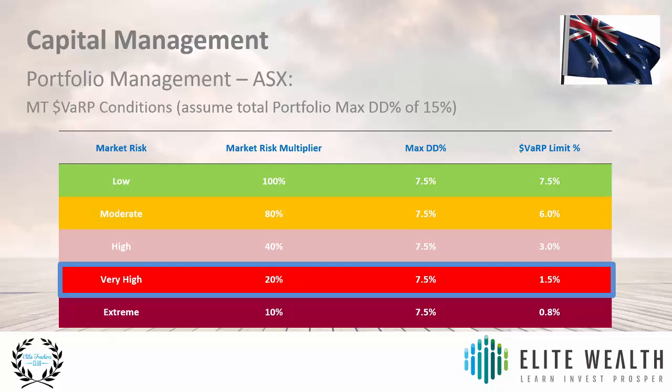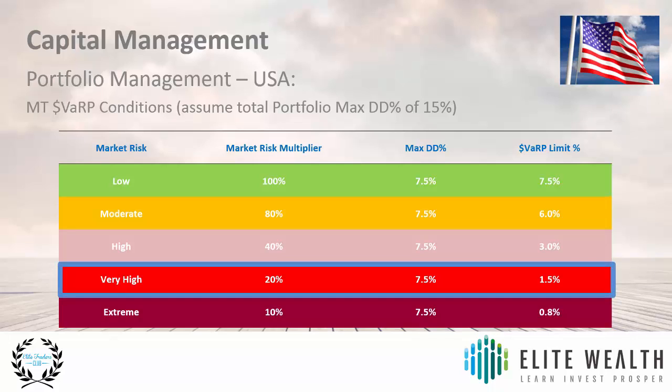In the case of Australia, we need to now apply a 20% market risk multiplier to that amount. Applying that to 7.5% means that you would be allowed a value at risk limit across your portfolio of 1.5%. As I mentioned, that is likely to change over the course of the next couple of days, bearing in mind what's happened over the weekend. In the US, we are still in very high market risk condition on our S&P 1500 index. Same market risk multiplier, 20% of your 7.5% allowable means a maximum exposure of 1.5%.